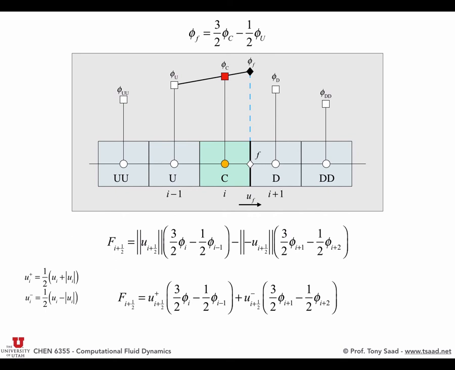But this nomenclature is bulletproof. It doesn't care about your indexing, as long as you change what phi upwind and phi downwind are. If you are reasoning on a grid, this is the grid for this kind of velocity. If you swap the velocity, then C is here, U is here, D is here, and DD is down there.